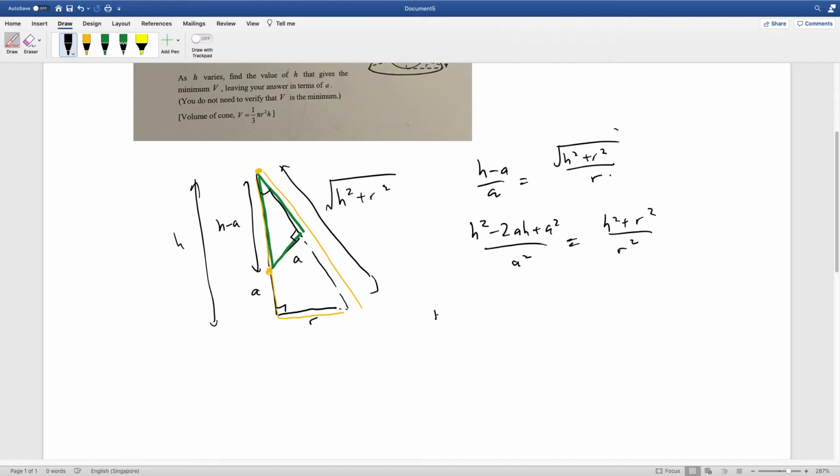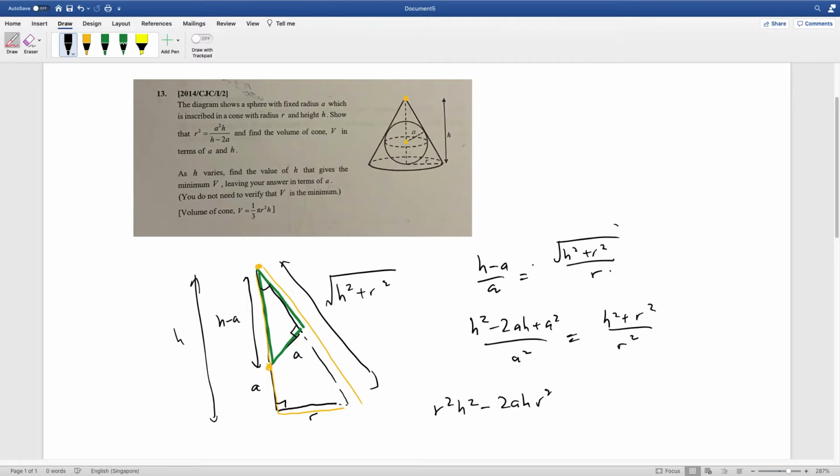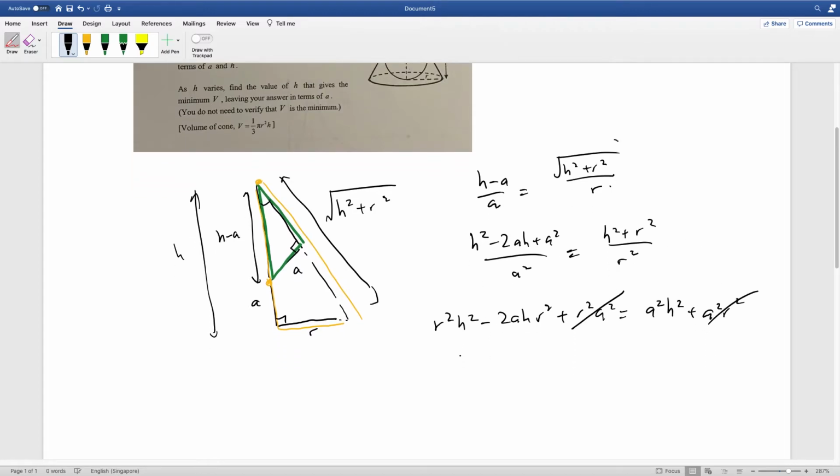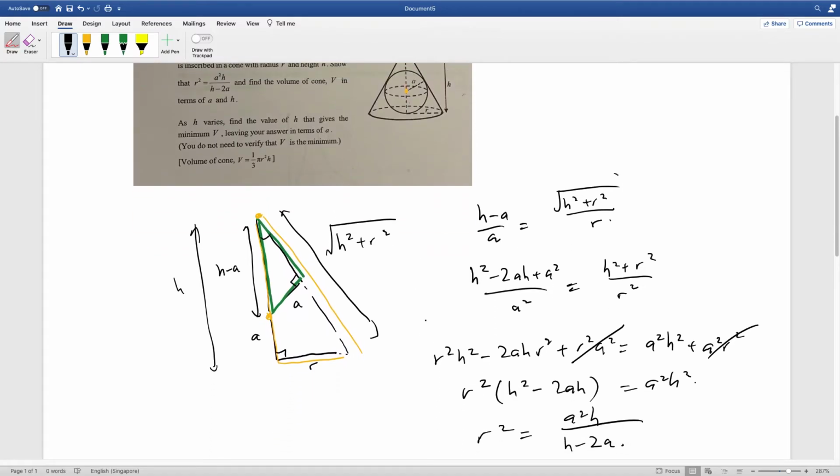Cross-multiplying, the A squared R squared terms cancel, so R squared times H squared minus 2AH equals A squared H squared. Then R squared equals A squared H over H minus 2A. So we have shown the result.